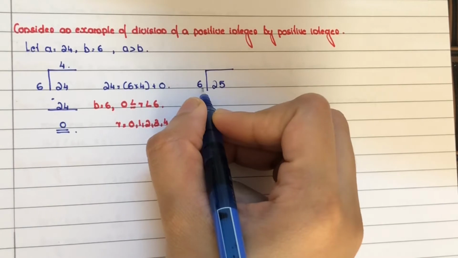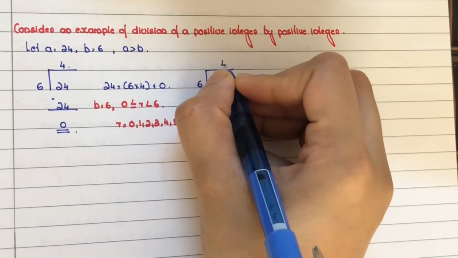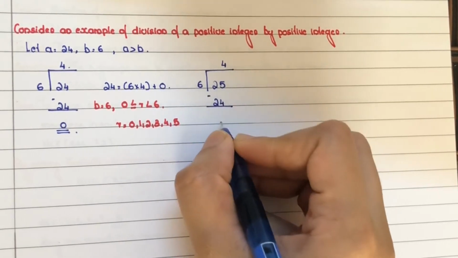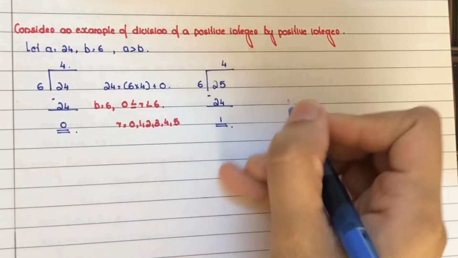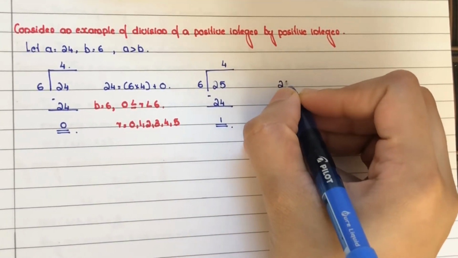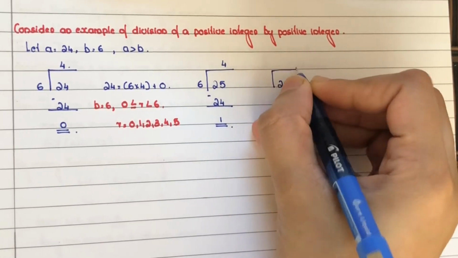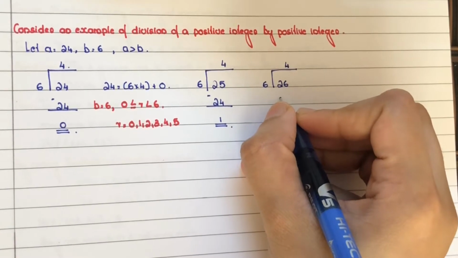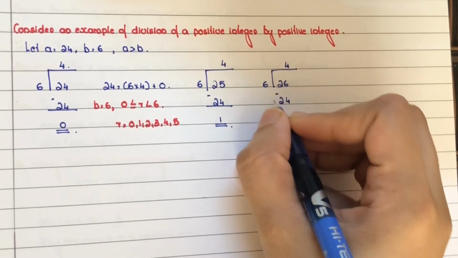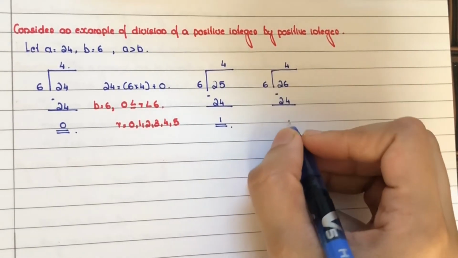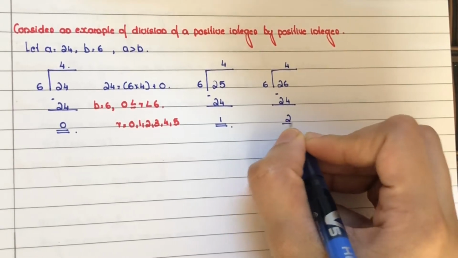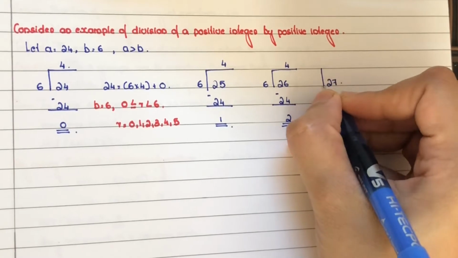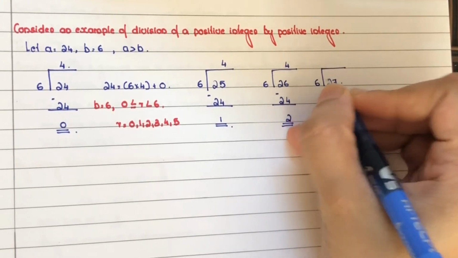b is equal to 6. Okay, again 6 fours are 24, remainder 1. Next, 26 divided by 6. 6 fours are 24, remainder 2. Next, 27 divided by 6.